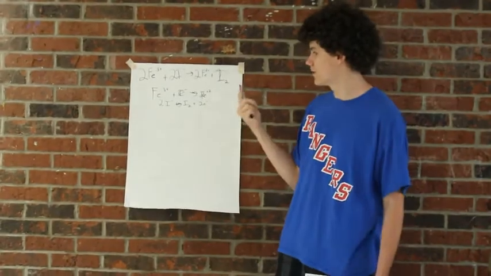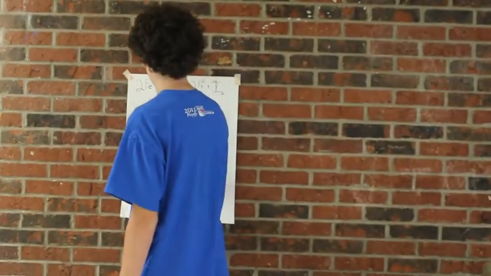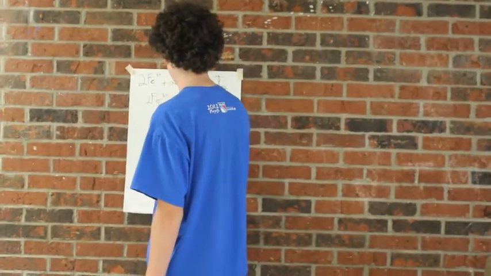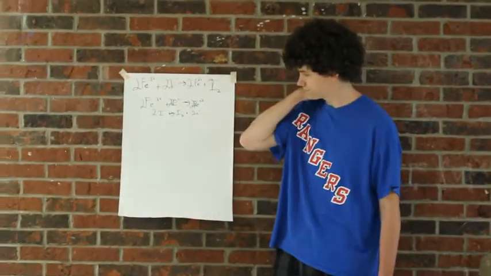Now in the first one, since we have one electron transferring, we have to double it. So it's 2Fe3+ + 2e- yields 2Fe2+.